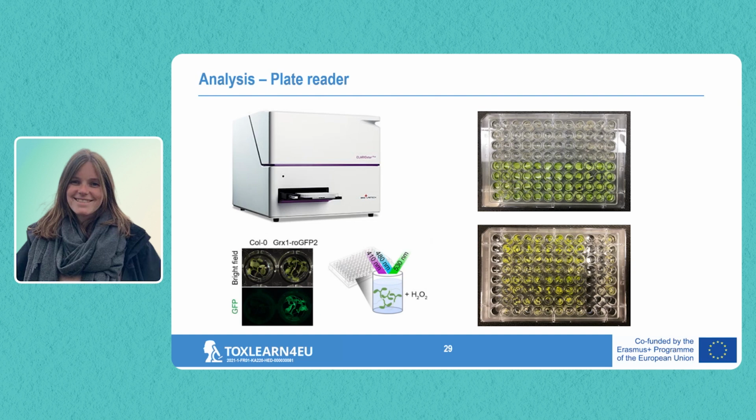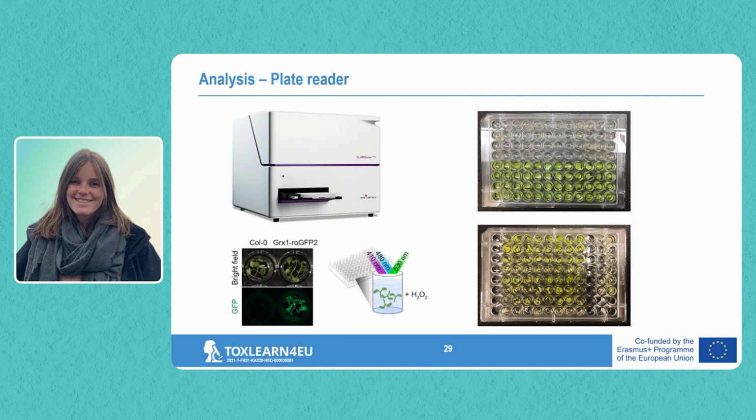So you could try to do it with one seedling if they're quite big, but the only problem then is, you see here in this example, the wells are quite nicely covered by the seedling. And this plate reader that we use uses a system called orbital averaging. So if you have this entire well, it will measure the fluorescence at different spots inside the well.